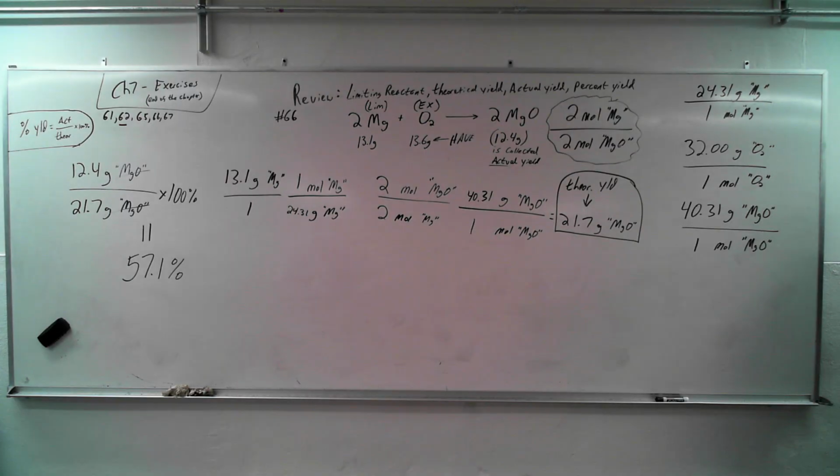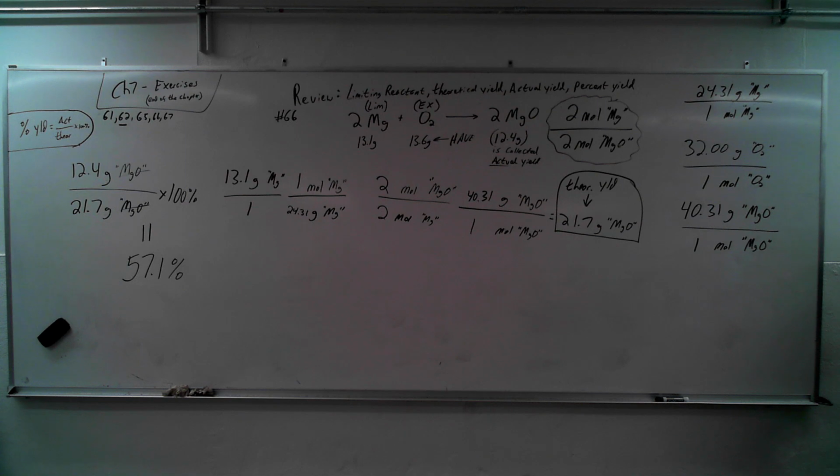It takes so long. The rest is pretty simple. Actual yield is usually just given. You just have to recognize that it's an actual yield. We don't have to go into that today.